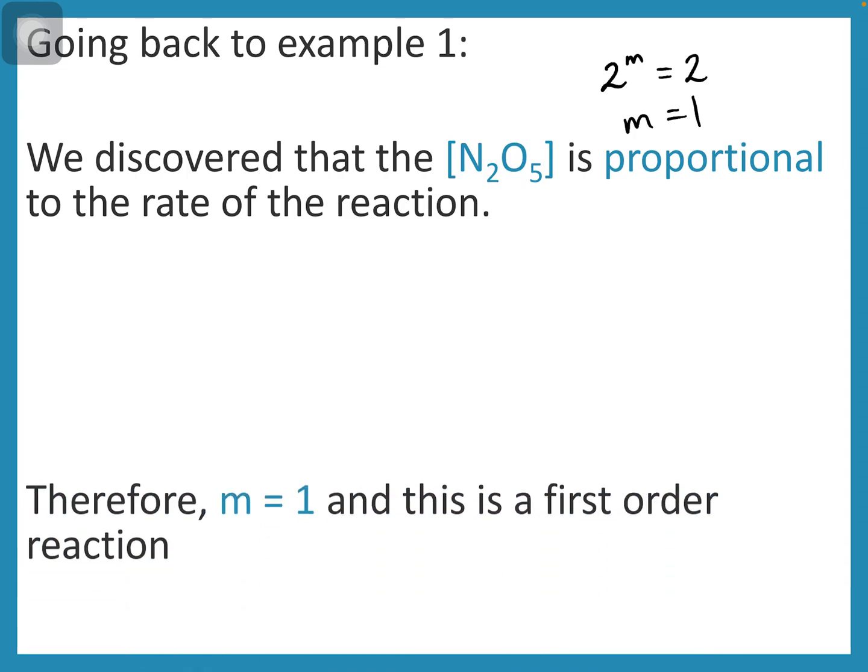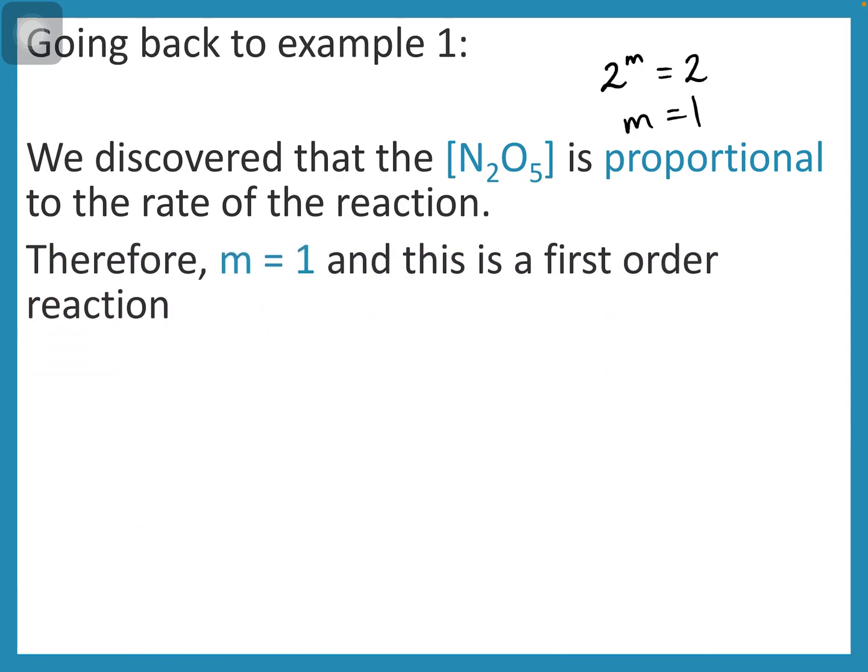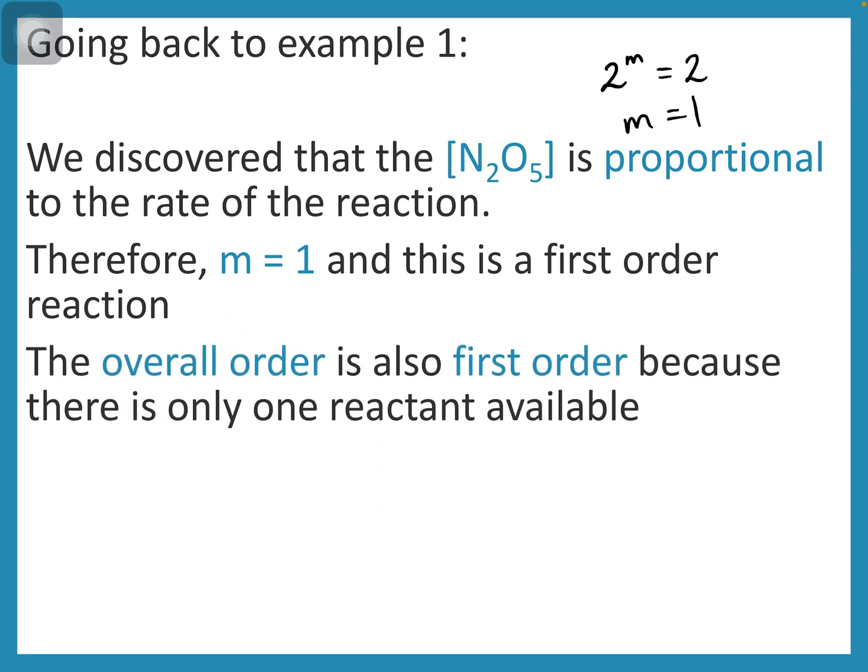So in that case, we would say that that is a first order reaction. Now in that particular example, there was only one reactant. So the order of our reactant is the same as the order of our reaction in that particular question.